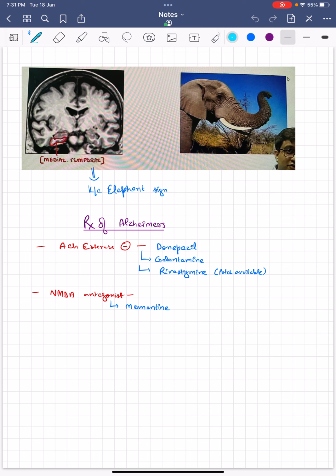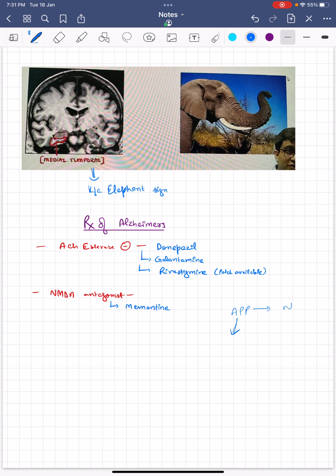Let's write it. I'll erase it later on. There is amyloid precursor protein present inside the cell membrane of the neuronal cells.